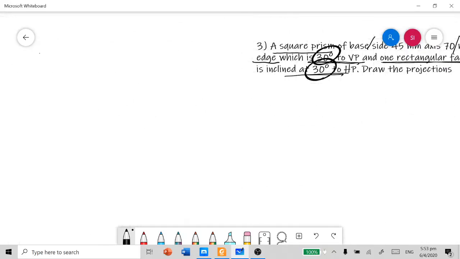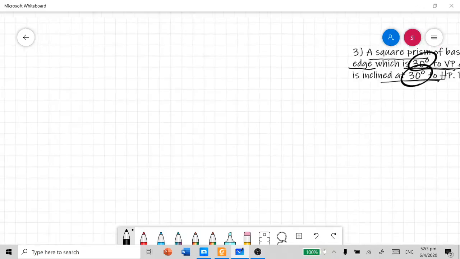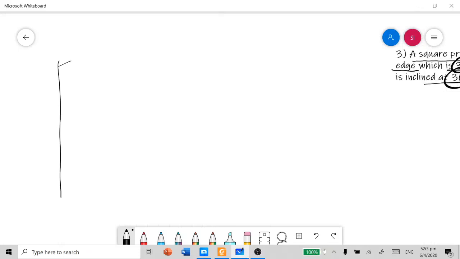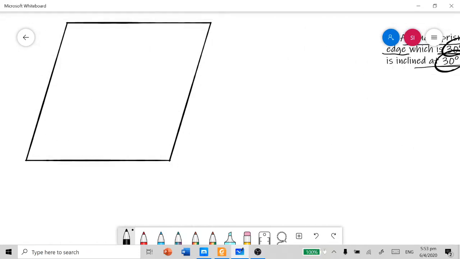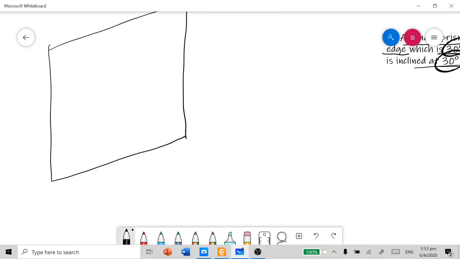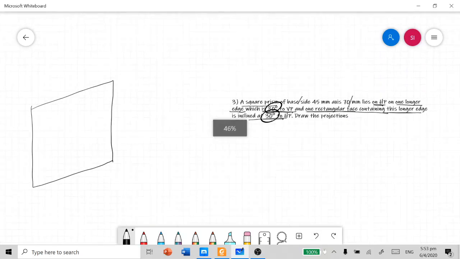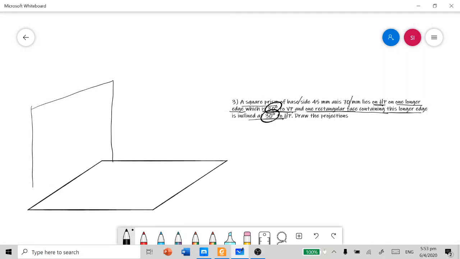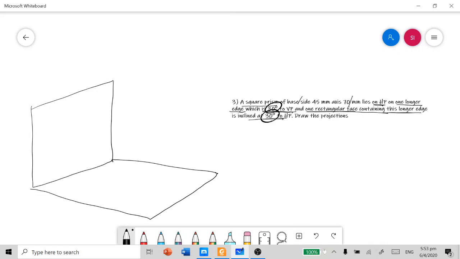The actual environment is that the solid square prism is going to rest on the horizontal plane with a longer edge.